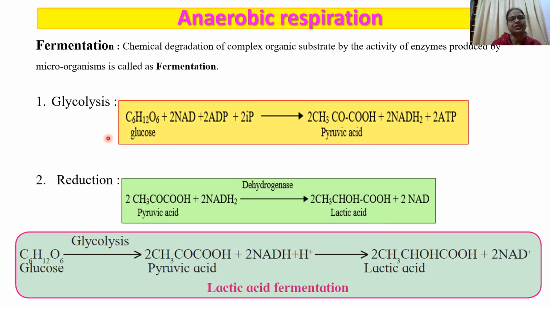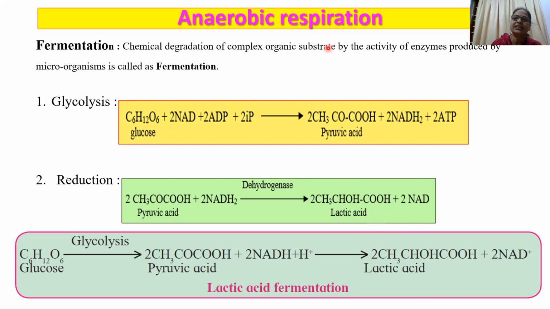Lactose undergoes hydrolysis into glucose and galactose, and then the glucose undergoes glycolysis into pyruvic acid, and then the pyruvic acid is directly reduced into lactic acid. Since the end product is lactic acid, it is called lactic acid fermentation. And the enzyme used here is lactic dehydrogenase or lactic acid bacterium.